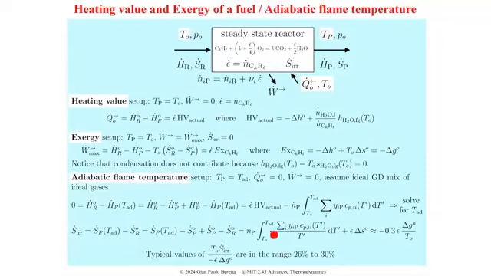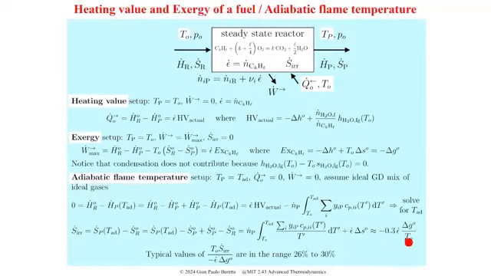When you do this kind of calculation, and we have a couple of tables that show these numbers later on, you compute the entropy, and typical values are in the range between 26 and 30% of the negative of the Gibbs free energy.